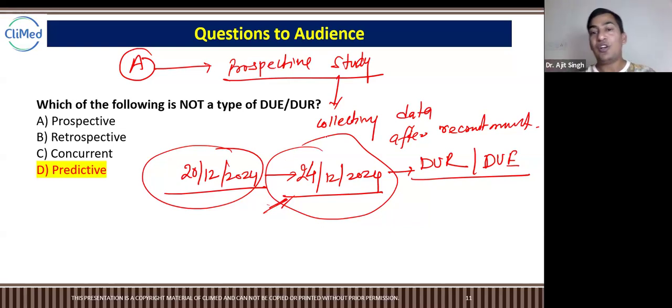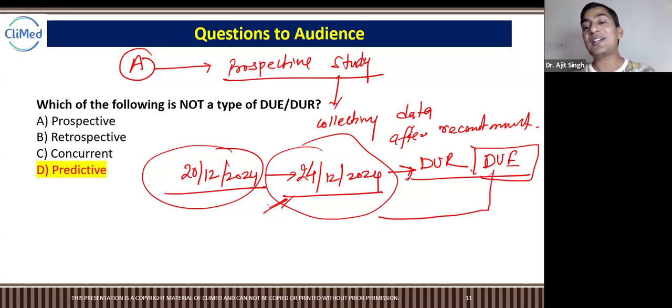Now, another part of this study. This study is drug utilization evaluation. So how can you conduct this study? First, because this is DUE, you can evaluate the patient's prescription immediately after prescribing.